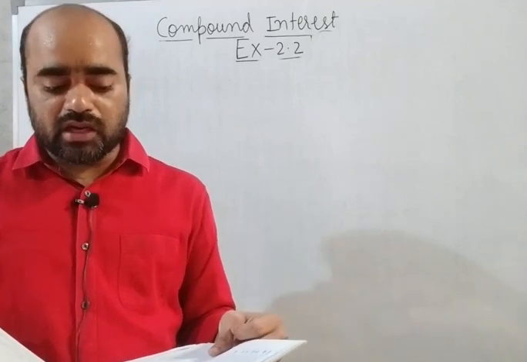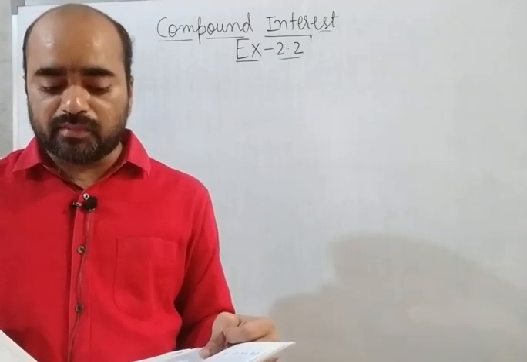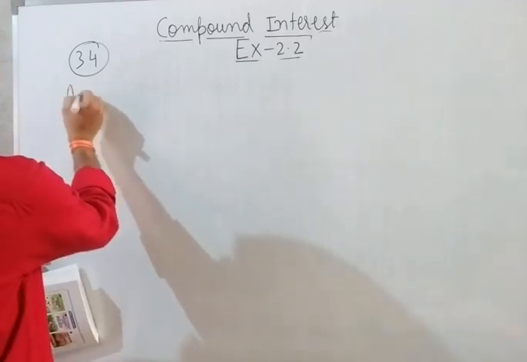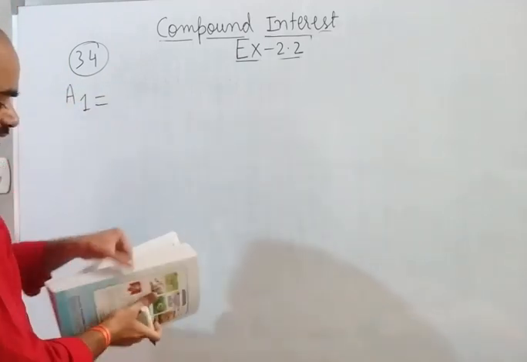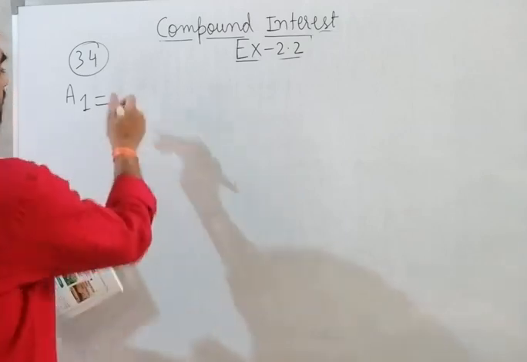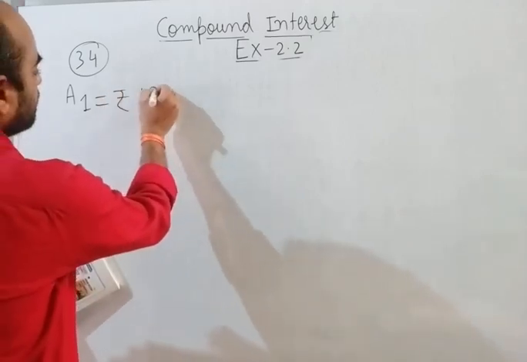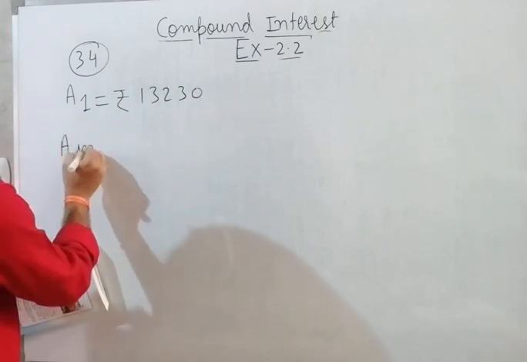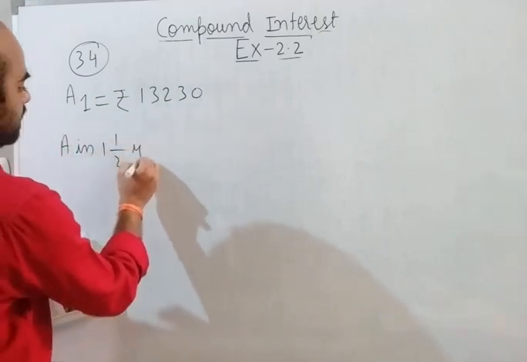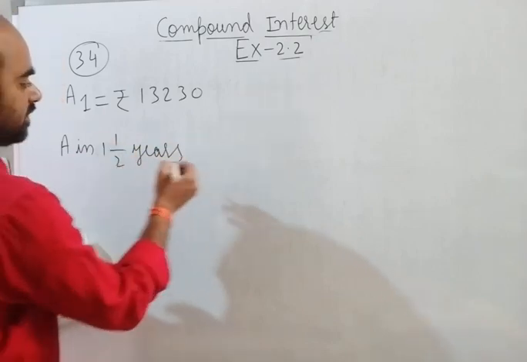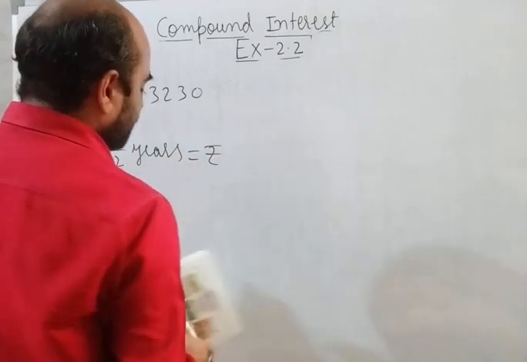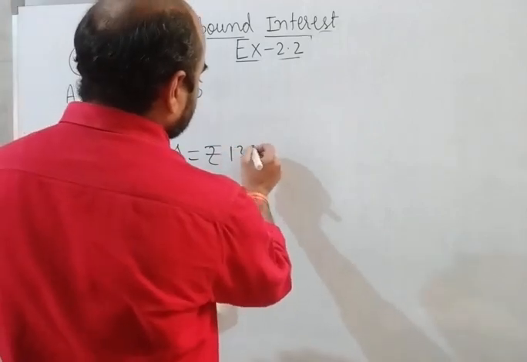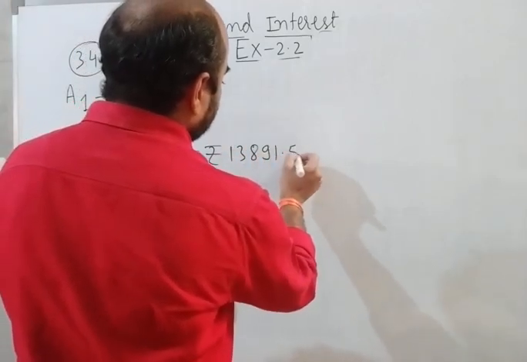So we are given amount after 1 year and amount after 1.5 years. So amount after 1 year, that is 13230, and amount after 1.5 years is given, rupees 13,891.50.